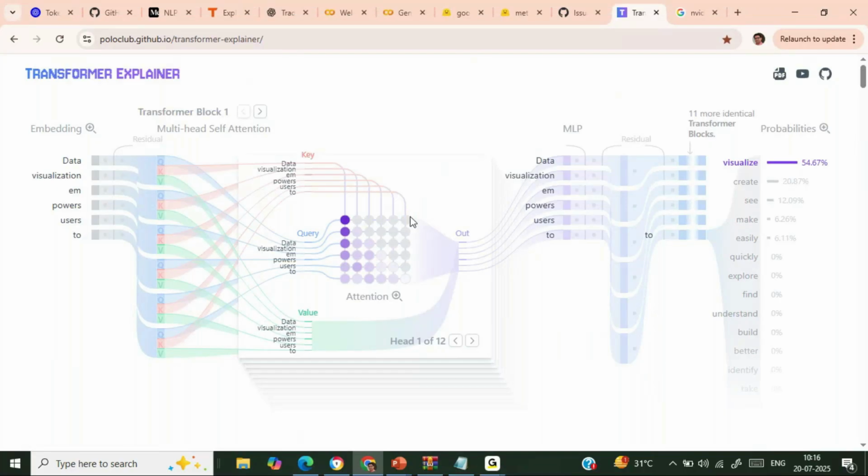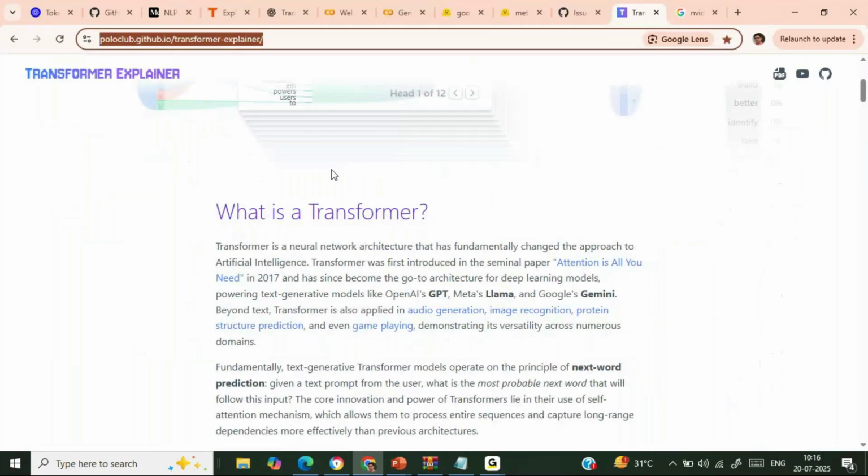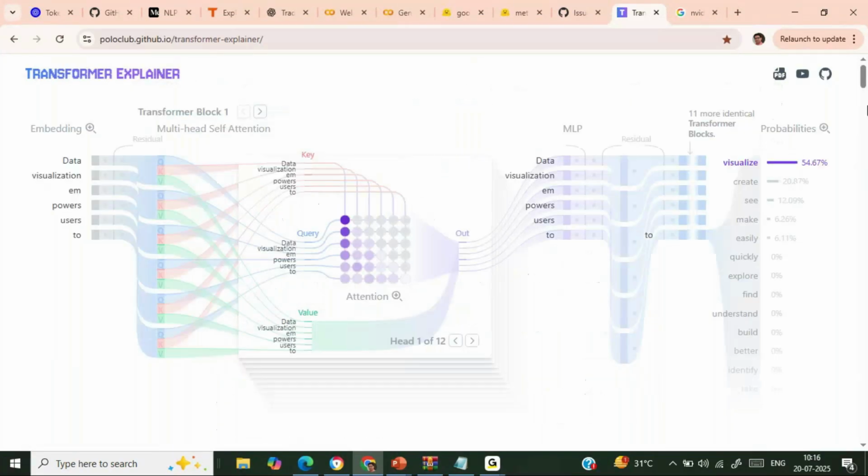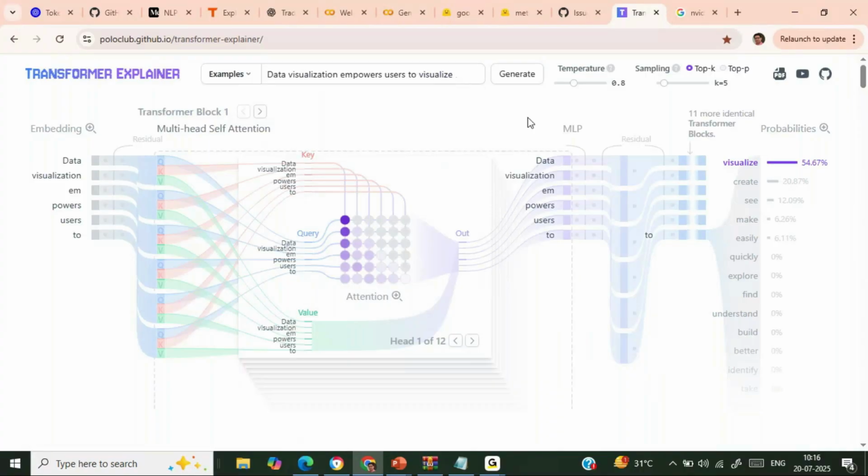The page is not responding. It might be because of the heavy website, heavy content is there on this thread. Okay. And over here, data visualization empower users and to visualize is the predicted word, and over here if you are able to see the probabilities, and guys, if you are able to see empowered to create, empowered to see, empowered to make, easily, quickly, explore, find, understand.